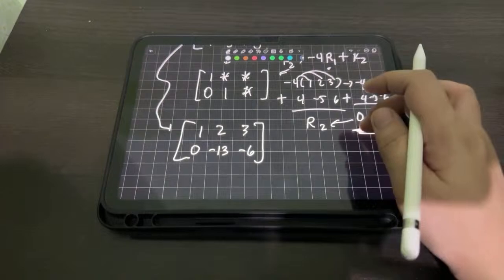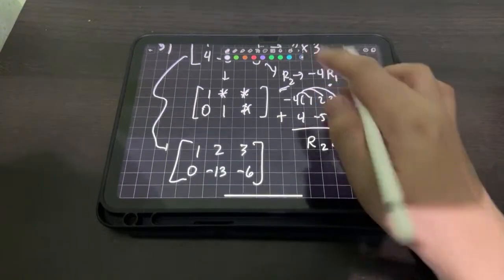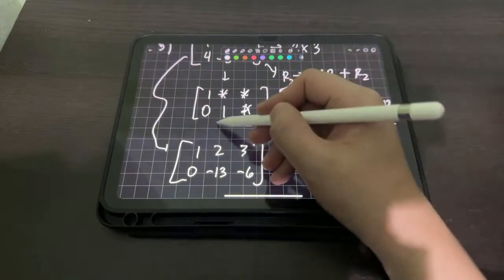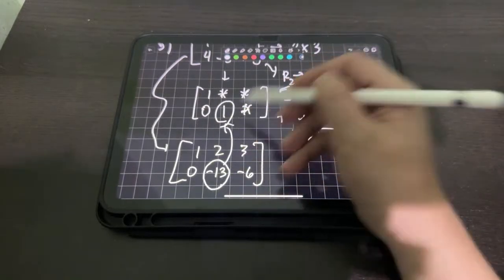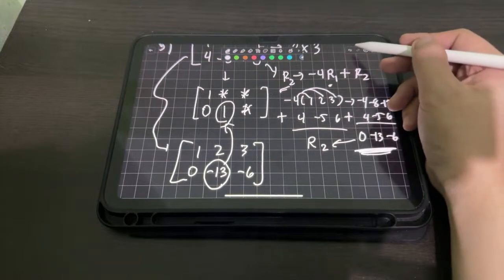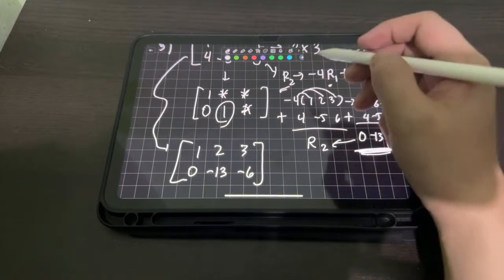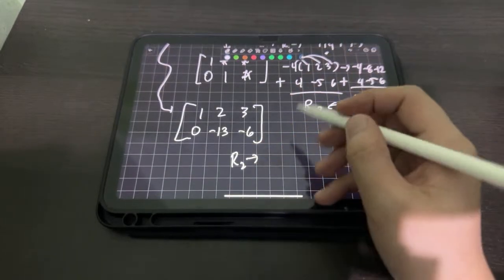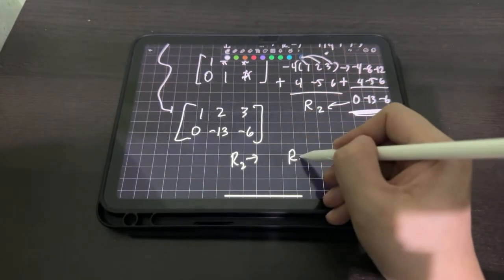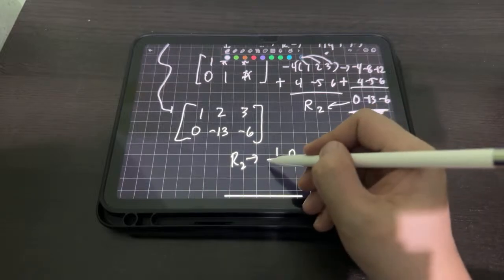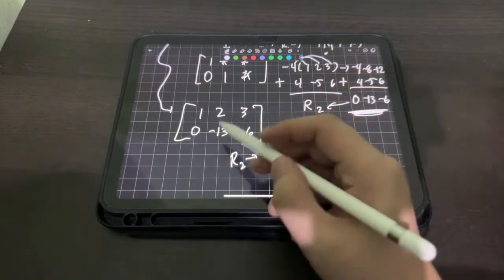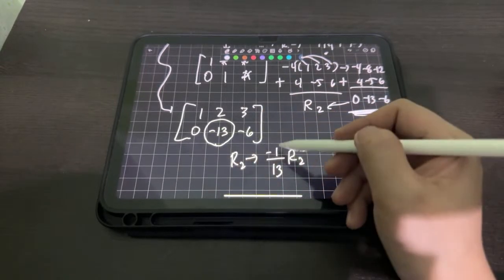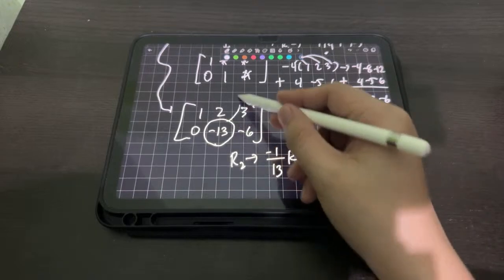Okay, next. We're done with 1, 0. Next is to convert this entry, negative 13, to 1. How? We can simply multiply row 2 by negative 1 over 13, because if you multiply negative 13 by negative 1 over 13, it will become 1.